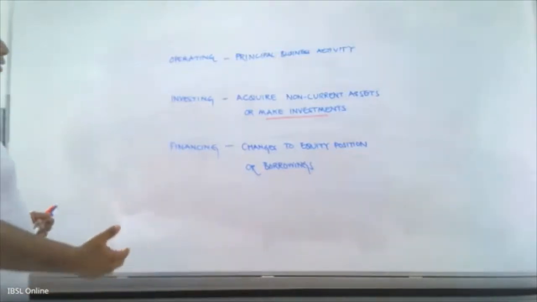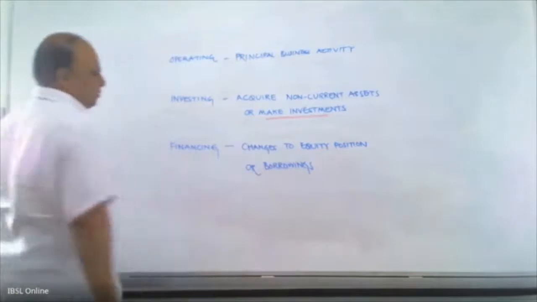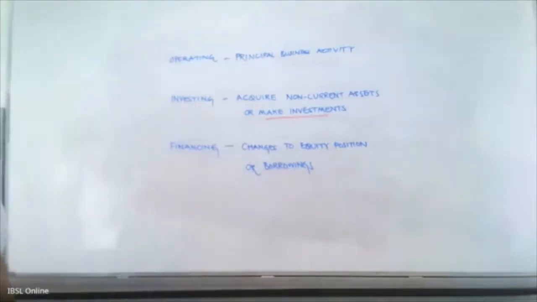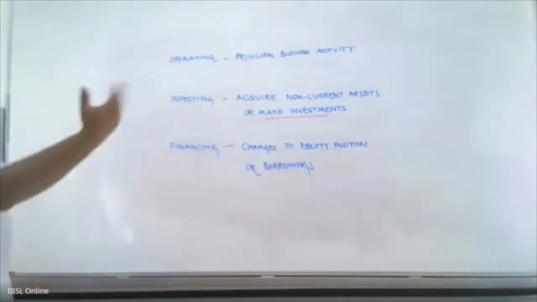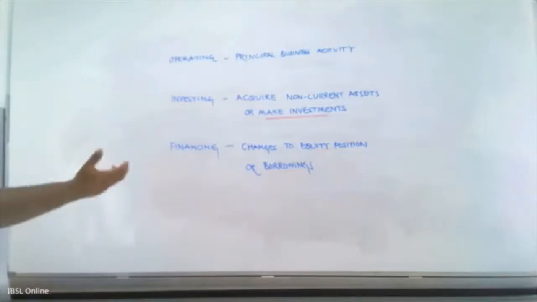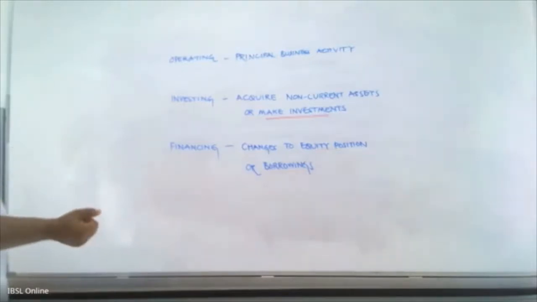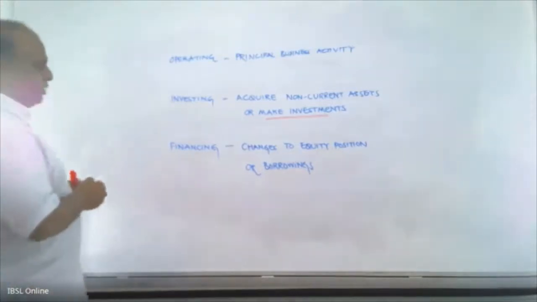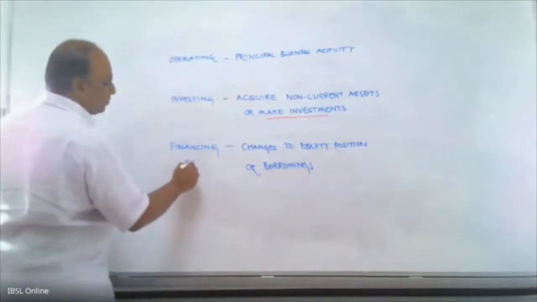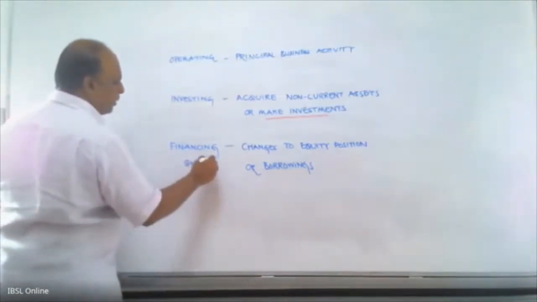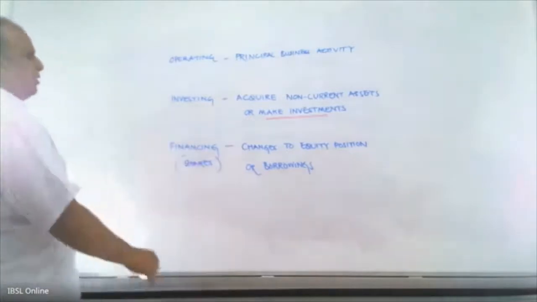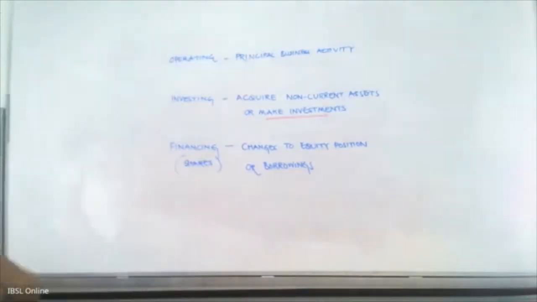Let's say you don't have adequate capital. So what do you do? You go to your shareholders and tell them that I need money. They will give you money and you will issue them shares. I have already spoken about these in the class. So when you are short of money or short of capital, you can always go to the shareholders.